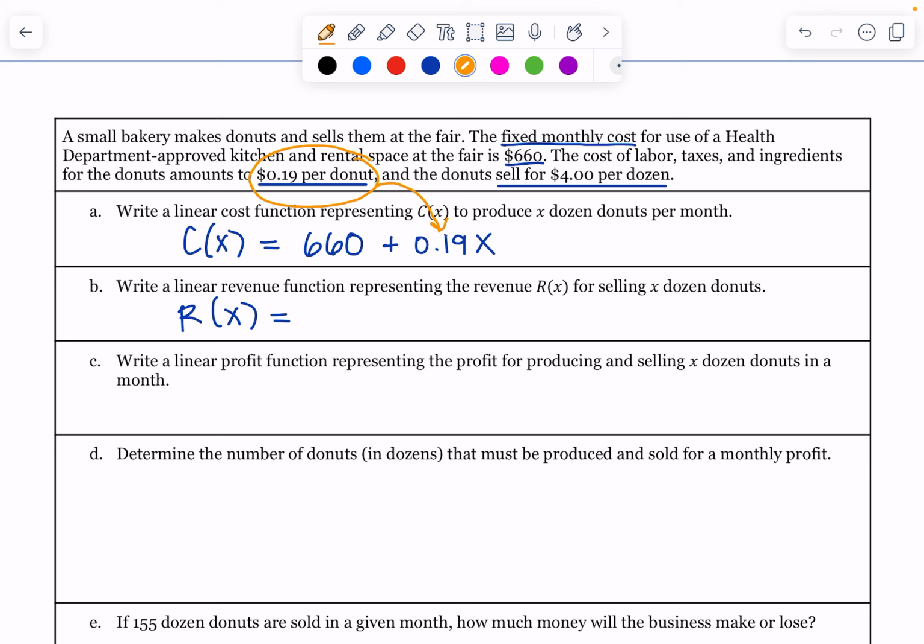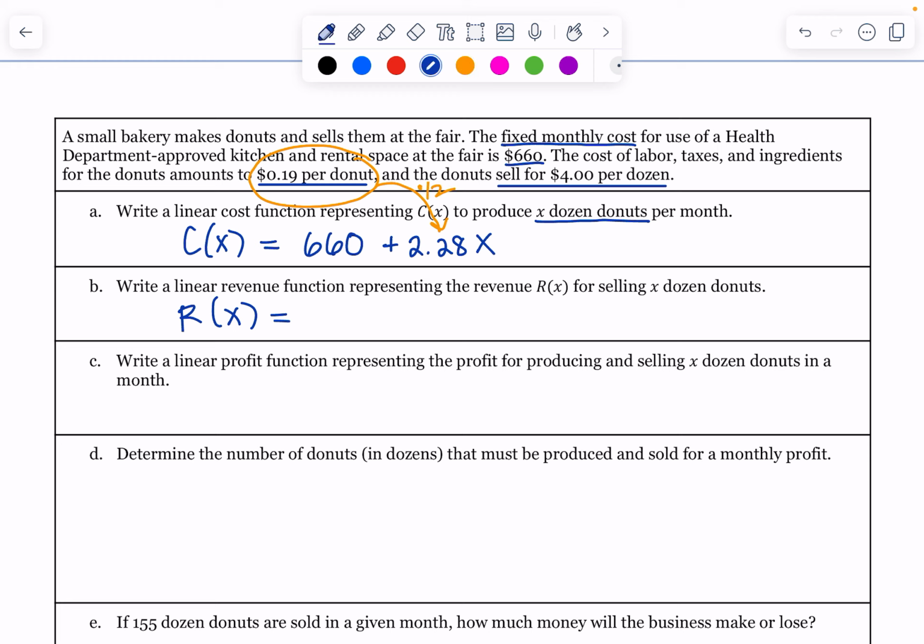Let me erase that real quick and do 19 cents times 12. This would be 228, because x represents a dozen donuts, not one donut.